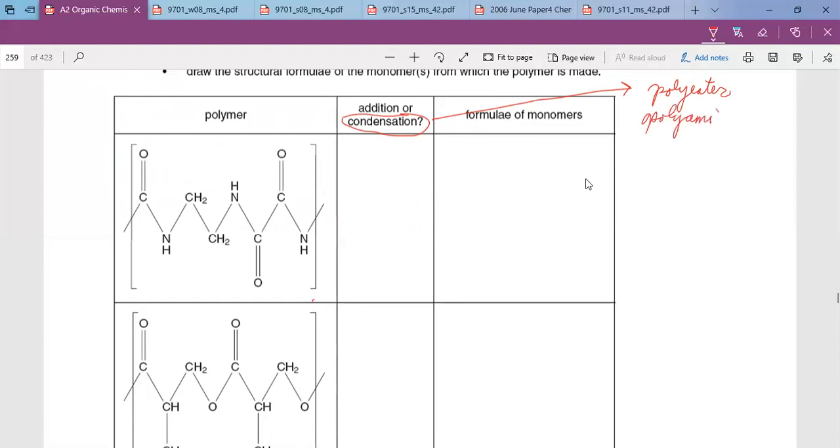Yes, polyamides. And polyesters, of course, in the main chain will have the ester linkage, isn't it? C double bond O, to O, to C. Okay, so there should be something here.